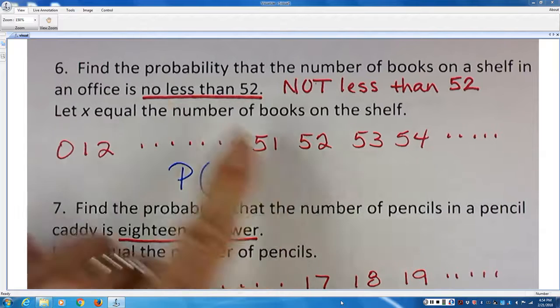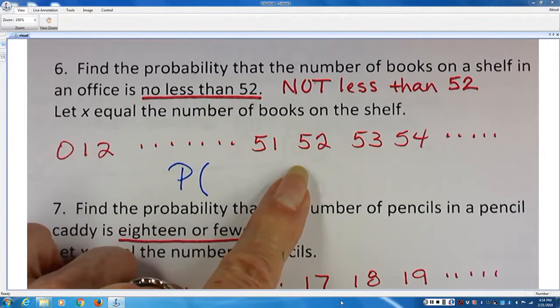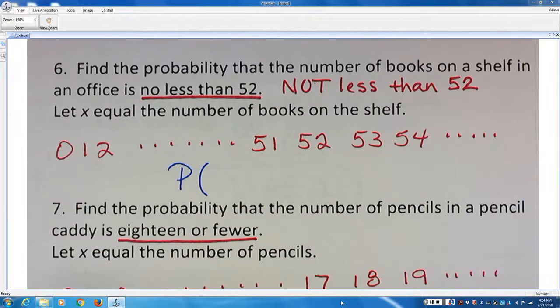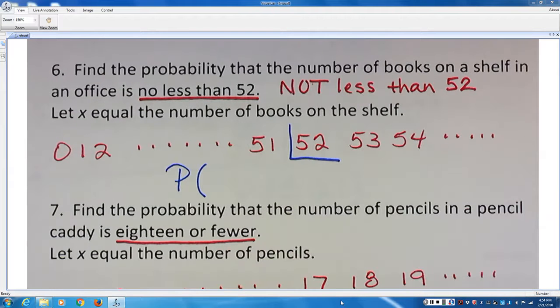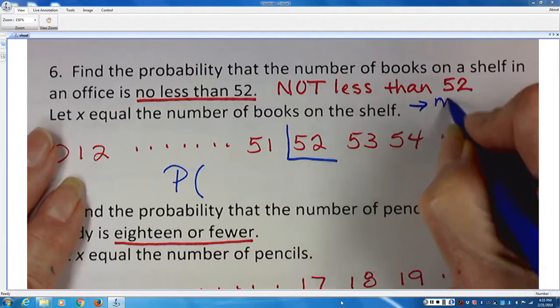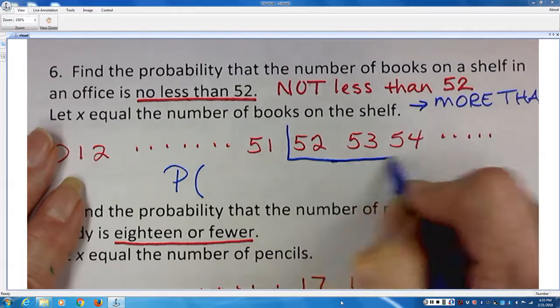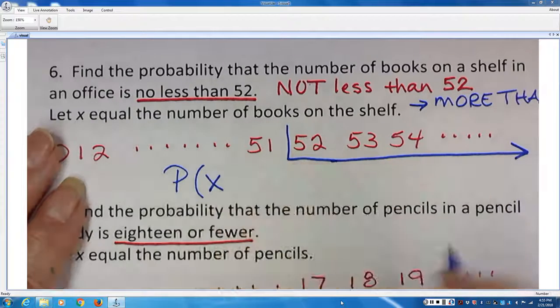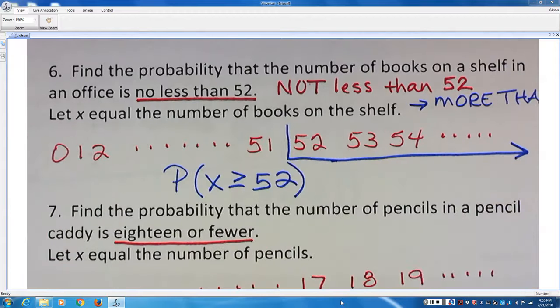You can't have less than 52. 52 is the beginning of something. If it's not less than 52, what is it? It's greater than, it's more than. So that means it's going to go that direction. You can start at 52 and you can go higher, but you can't go less than 52. Okay?